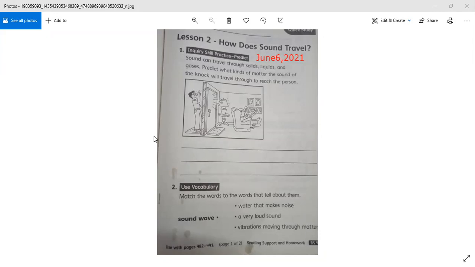Here it is telling you that sound can travel. Please, grade 2, I want you to concentrate here because I may ask you to complete what Kinda will say.